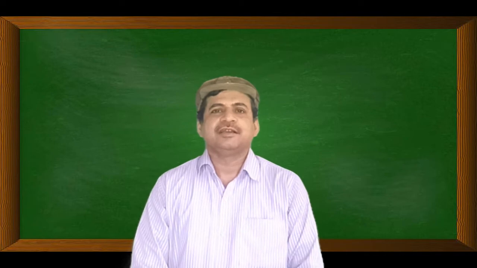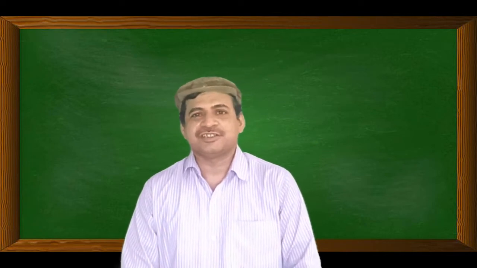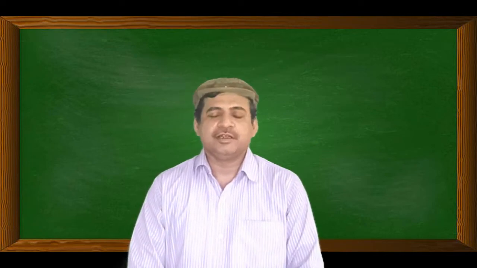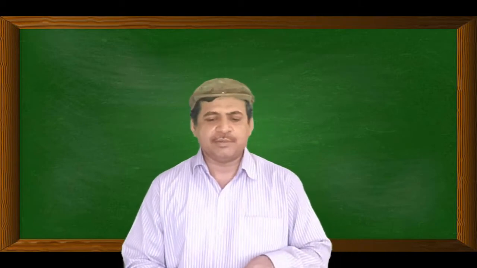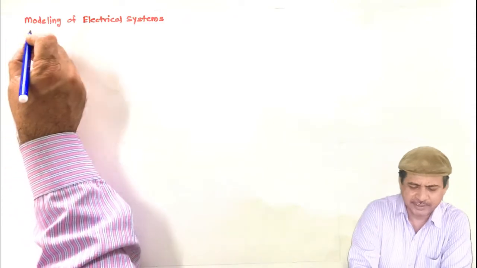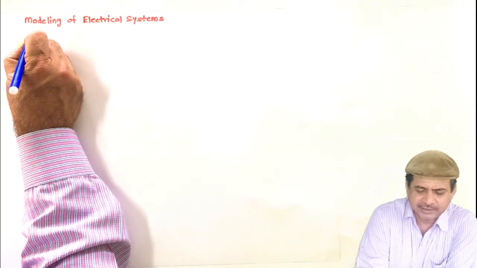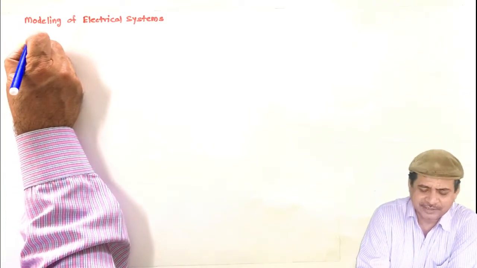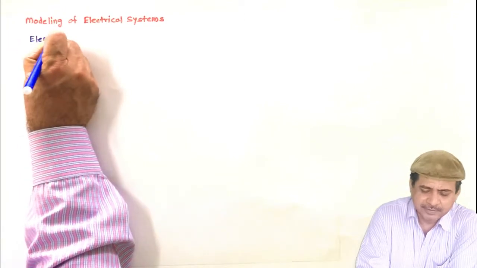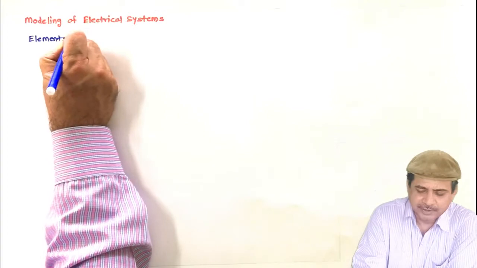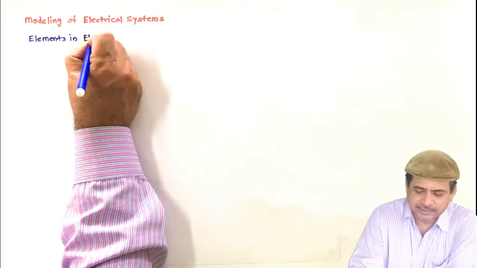Welcome back. Today we will discuss the mathematical modeling of electrical systems. So, the fundamental or basic elements in electrical systems are, let us write and discuss, elements in electrical circuits.